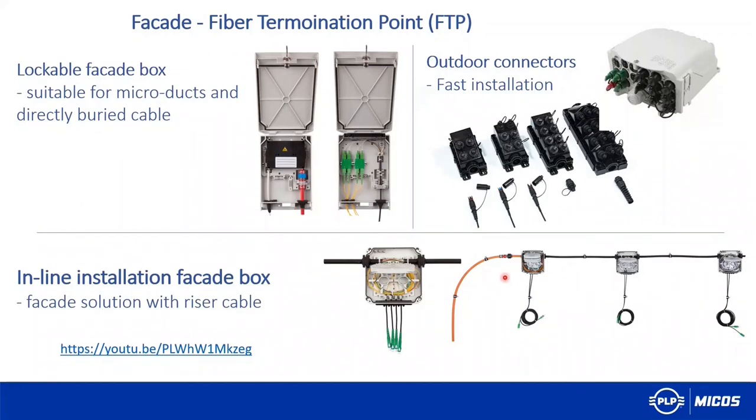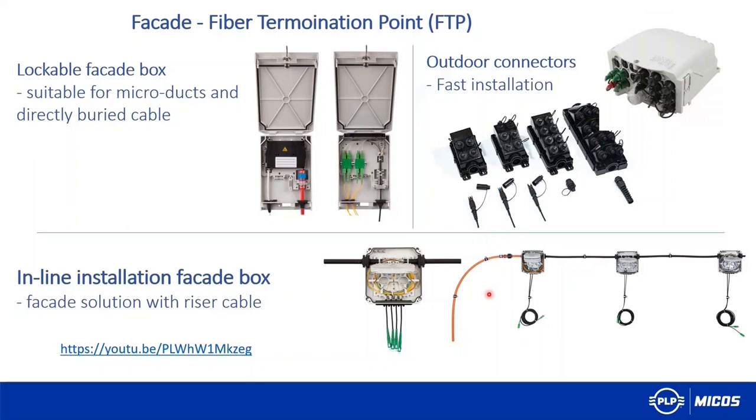And when the customer asks for service, you come, you make a window cut, and this box has an openable grommet. So just push the box under the cable, close the grommets, make a window cut, and make the drops and connect the customer. So the benefit is, again, you don't need to install any boxes until the customer asks for service.